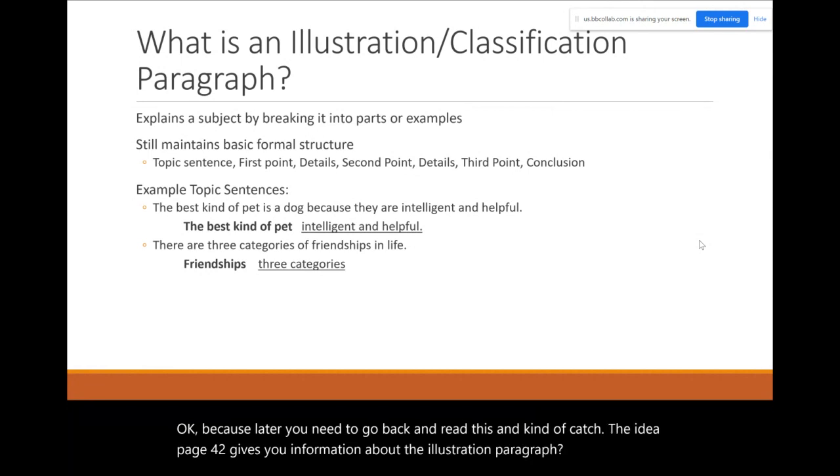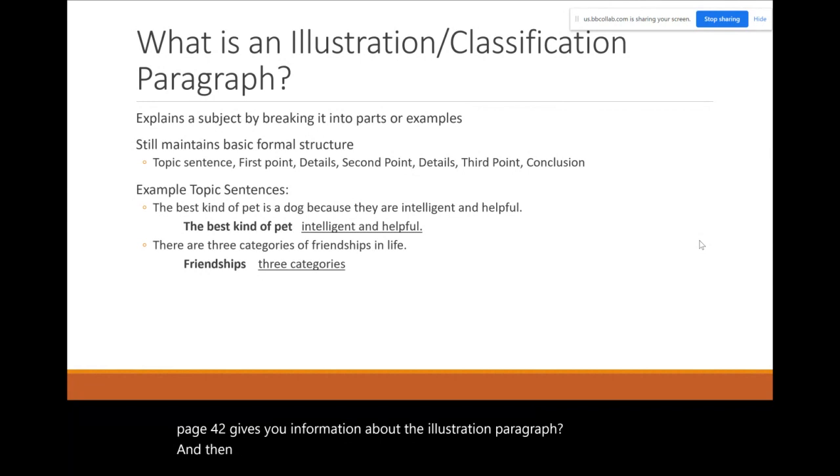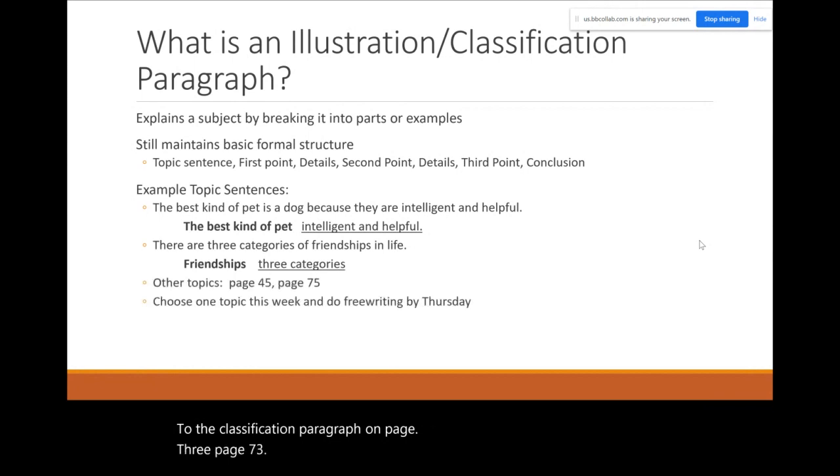Then I want you to flip over a couple of pages to the classification paragraph on page 73. Page 73, okay? So what does it say?